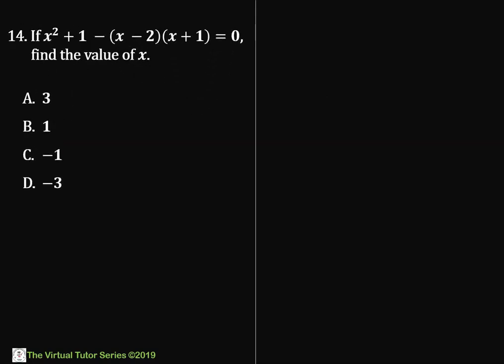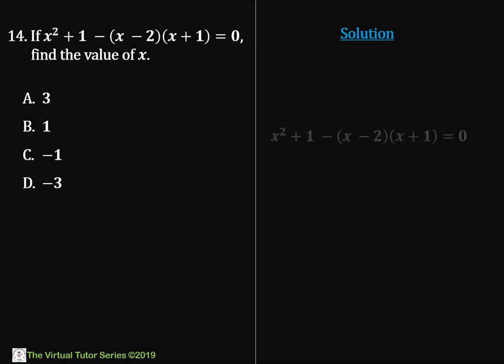Question 14. If x squared plus 1 minus into bracket x minus 2 bracket close, bracket opens again x plus 1 bracket close, is equal to 0, find the value of x. Solution.